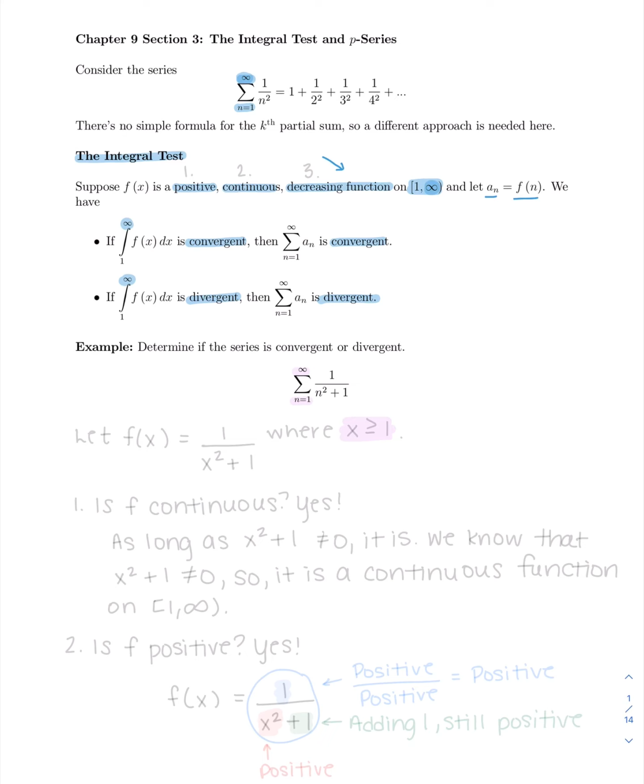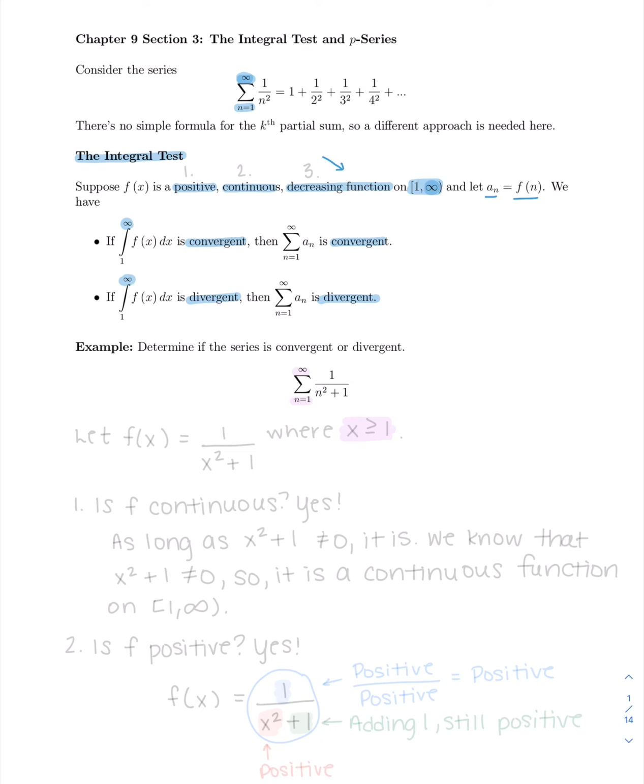So let's take a look at this first example. We're asked to determine if the series is convergent or divergent. We've got the sum from 1 to infinity of 1 over n squared plus 1. Again, partial sums won't help us on this one, so let's see if the integral test does.